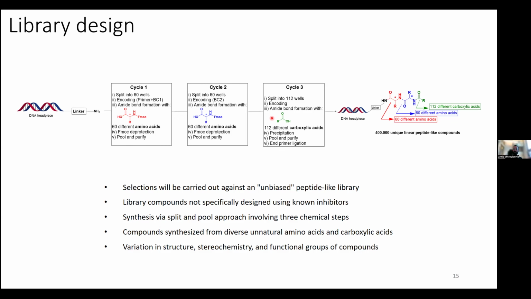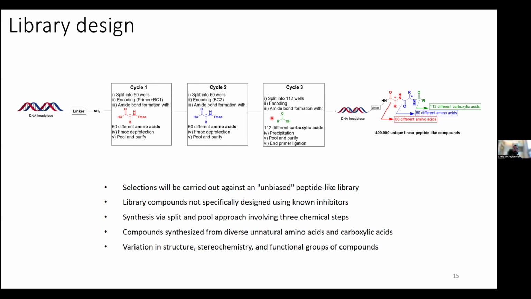So the take-home message is that if you have the infrastructure and the expertise, you can generate a DNA-encoded library containing a significant amount of compounds. This library has 400,000 unique linear peptide-like compounds that can be screened.